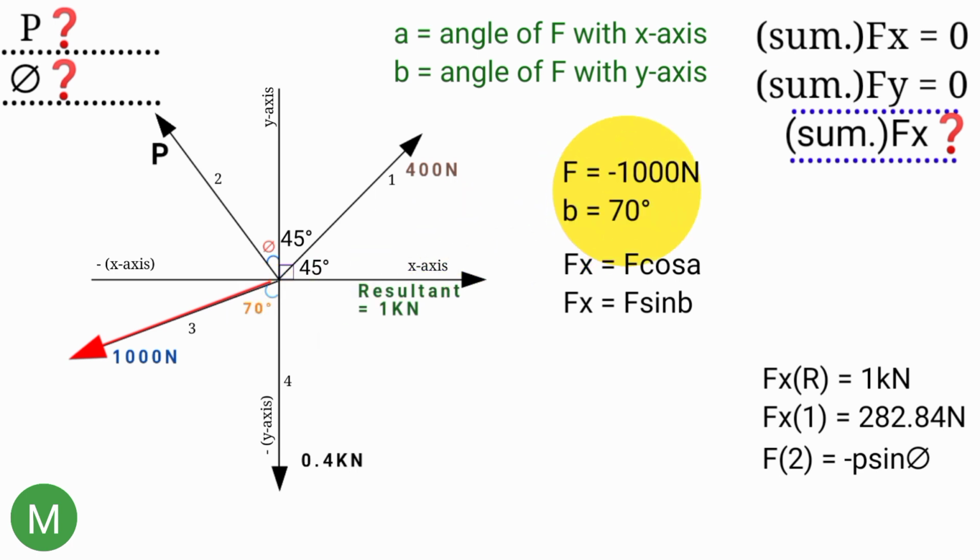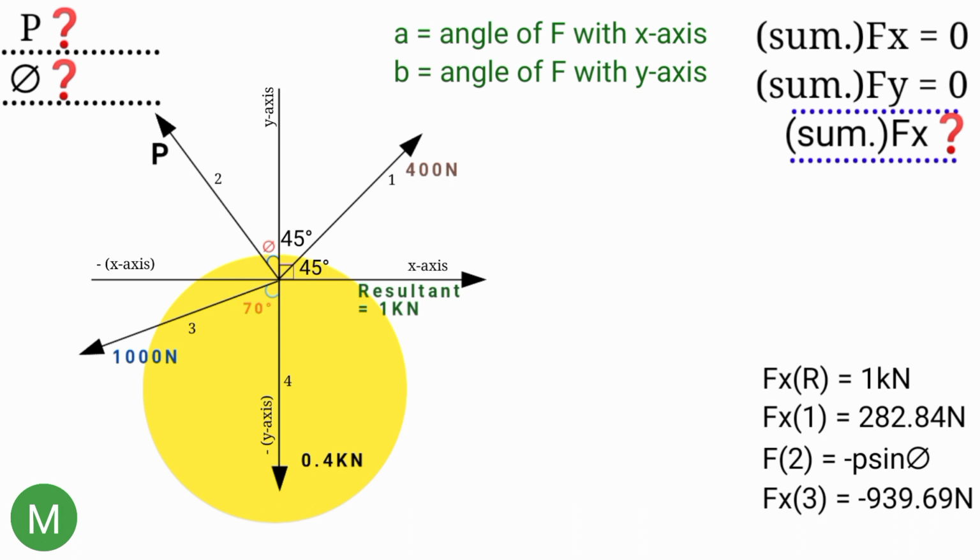So B equal to 70 degree. Substituting here now, Fx for 1000 Newton is equal to minus 1000 sin 70 degree, which if we press the calculator is equal to minus 939.69. So Fx for 1000 Newton equal to minus 939.69. And here, the 0.4 kilonewton, you can see, is acting directly on the y-axis. That is, it does not act along the x-axis at all.